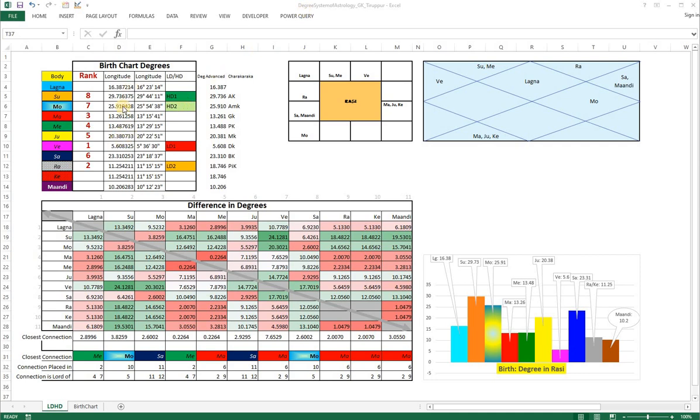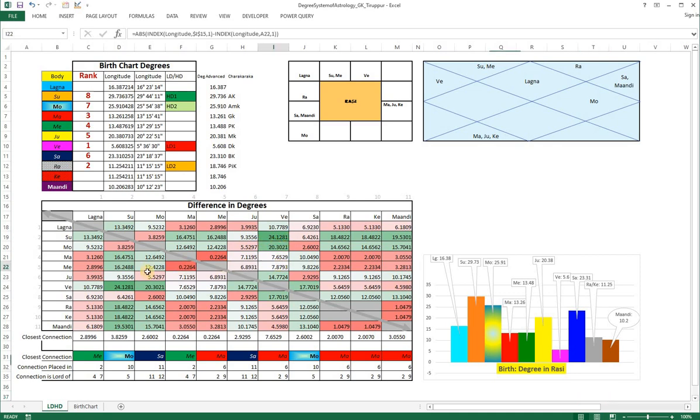Normally when we see these degrees, we don't immediately catch how close they are. So what I did is we erected a difference table in a way like a matrix, where I have put all the bodies in the columns, and also the same bodies in the rows, and each cell would be the difference between the two.